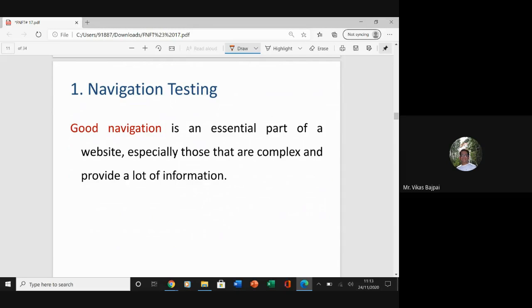And in this particular case, what we see is that good navigation is a core part of a website, especially those that are complex and provide a lot of information, right? Let's take an example of, let's say, Amazon.in. If you see the navigation right from the cart, I can directly move to the product and product specification, right?